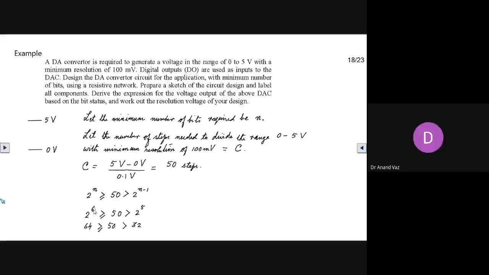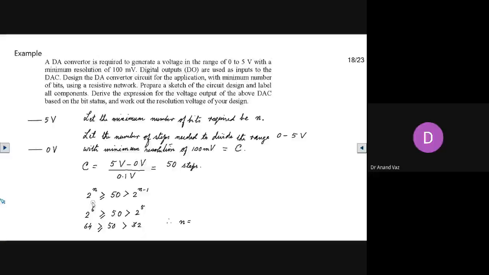Because if we choose 6 bits, we can go up to 64, so we will have the 50 steps possible. But if we choose 5, then we can go only up to 32. So with a 5-bit register, we will not be able to achieve our resolution of 100 millivolts.